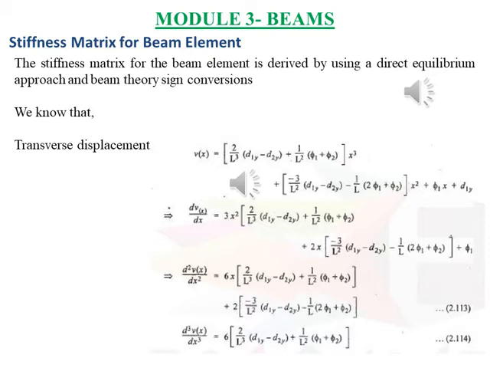So we know that the transverse displacement is given by the formula mu of x is equal to 2 by L cube (d1y minus d2y) plus 1 by L square (phi 1 plus phi 2) into x cube plus minus 3 by L square into (d1y minus d2y) minus 1 by L (2 phi 1 plus phi 2) into x square plus phi 1 x plus d1y.